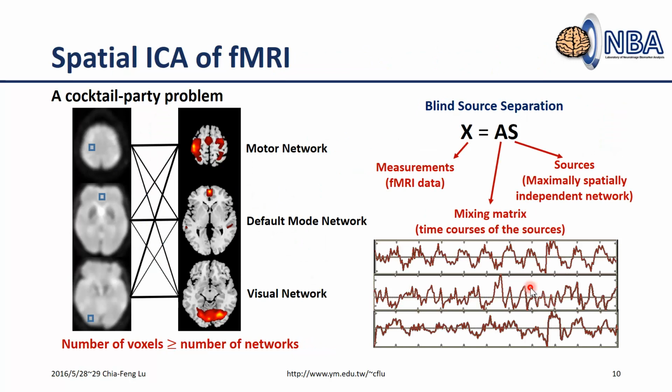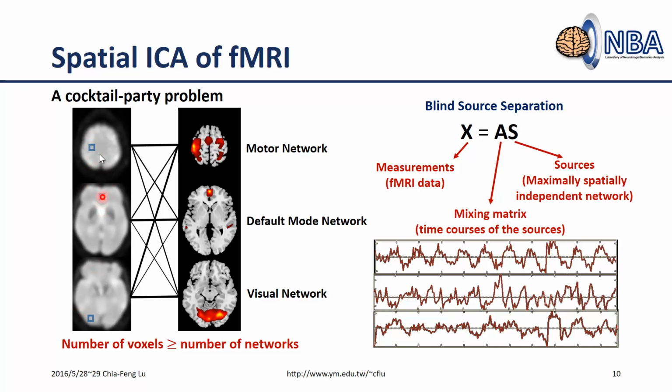So now we try to transform this cocktail party situation into the fMRI situation. You can see that what we have now is not microphones. What we have is the BOLD profile from each voxel.